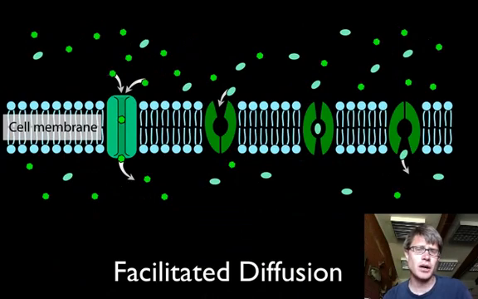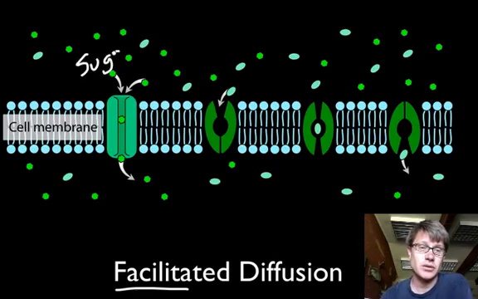An example of diffusion where we still don't require energy, but we do require protein is something called facilitated diffusion. So an example of this could be if we're moving, it looks like sugar molecules right here, so sugar molecules like this, but we're moving it through a protein that has a different conformation.